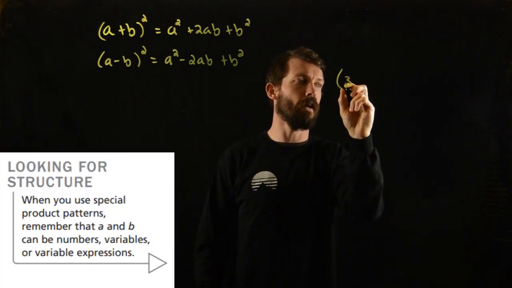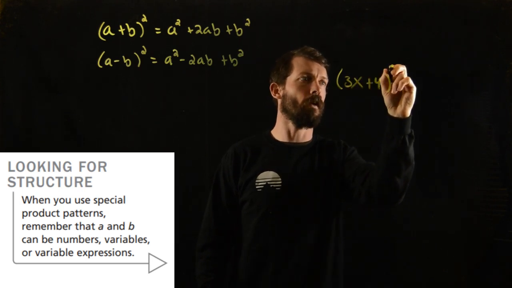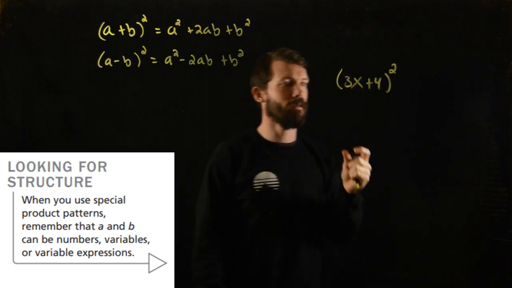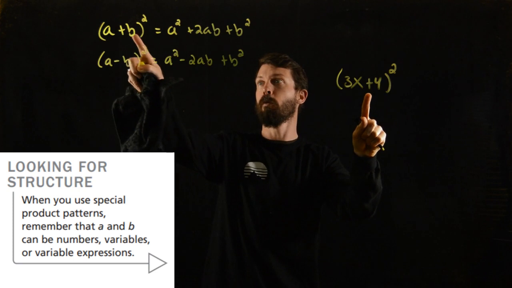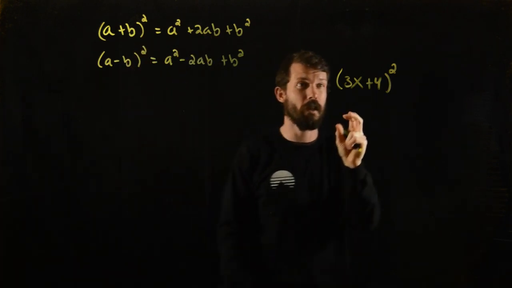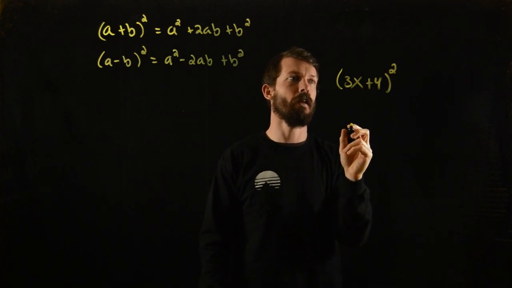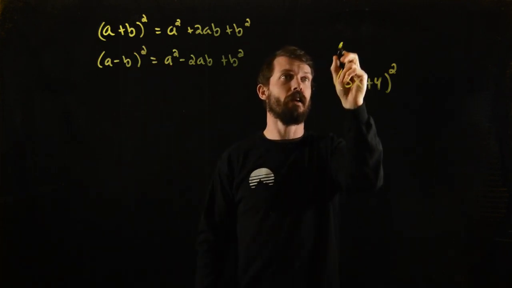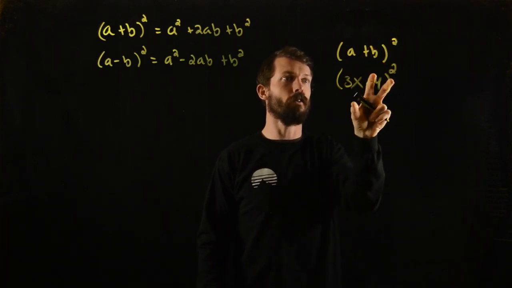Say, 3x plus 4, and then we would square it. We can use this pattern for this. If you notice right here, this is the plus, so we would be using this pattern right here. Bear with me. I know it can be a little confusing at first, but the first thing we need to remember is that this is really a plus b squared, right? See how this looks identical to this?